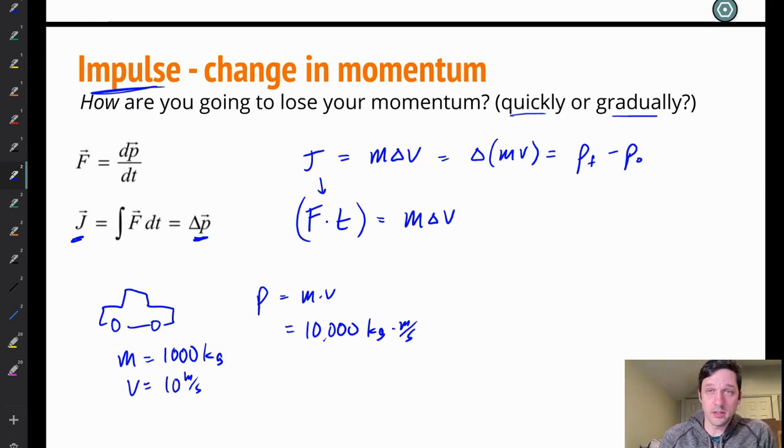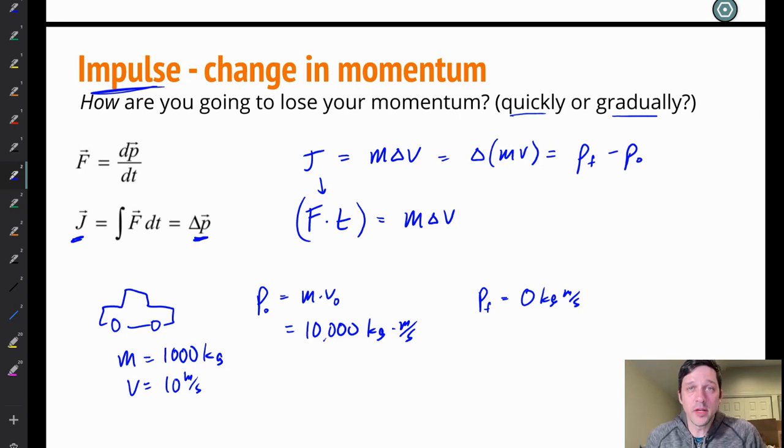It's just the units of mass multiplied by the units of velocity. In this example, we're going to lose all of this momentum. Our original momentum is 10,000 kilogram meters per second, and our final velocity is going to be 0. We're going to bring this car to rest. So the final momentum is 0 kilogram meters per second.